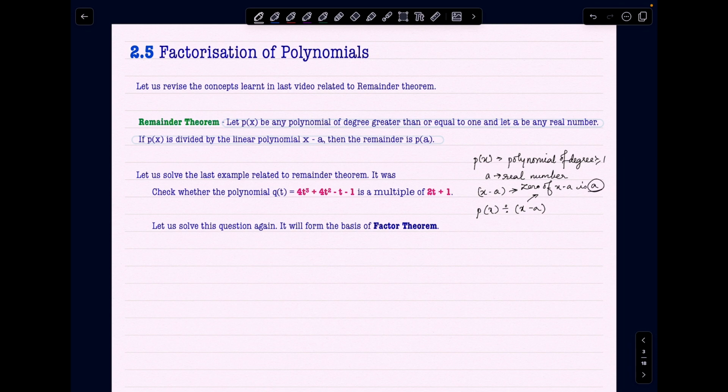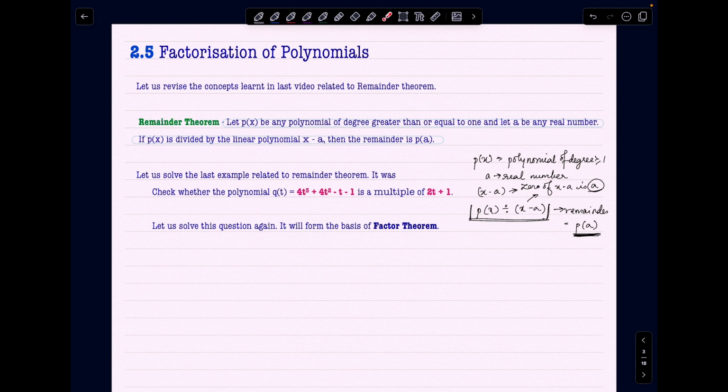So the remainder of the division of p(x) by x minus a is equal to p(a). P(a) means the value of the dividend, that is the polynomial, at the zero of the divisor. That is all it is saying.